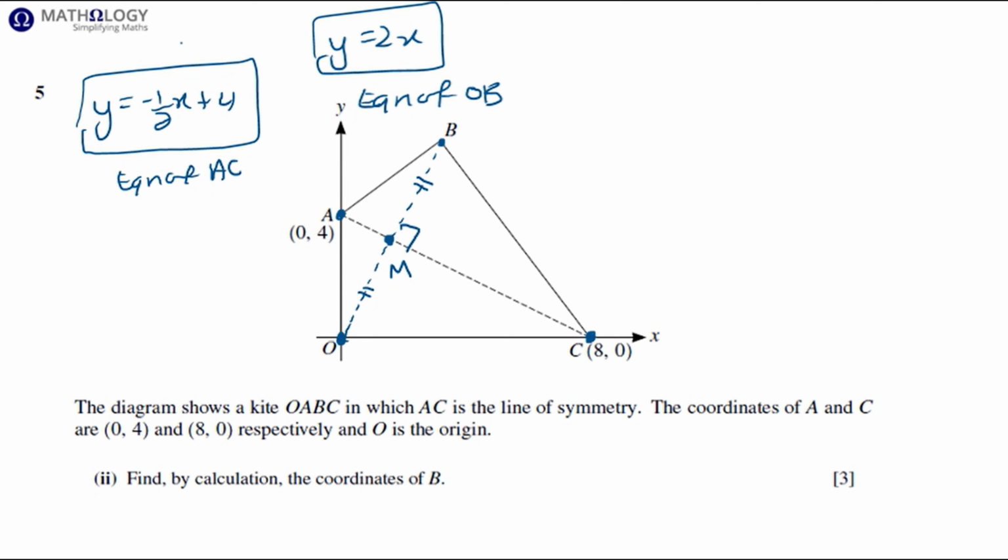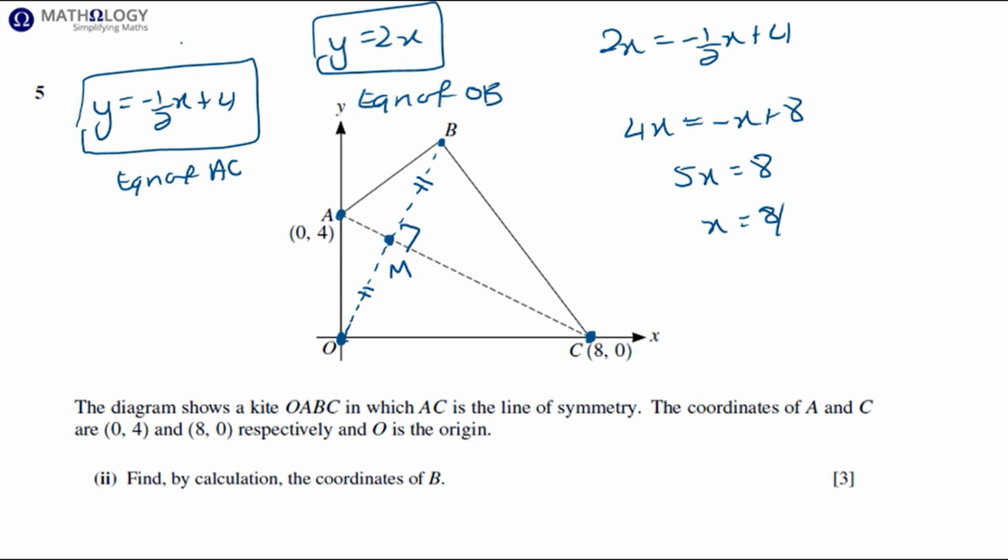To find the coordinates of M, M is the point of intersection of the two lines we've just found, the defining equations for AC and OB. So we're going to equate these two lines to each other. So 2x equals minus a half x plus 4. Multiply through by 2. 4x equals minus x plus 8. 5x equals 8.